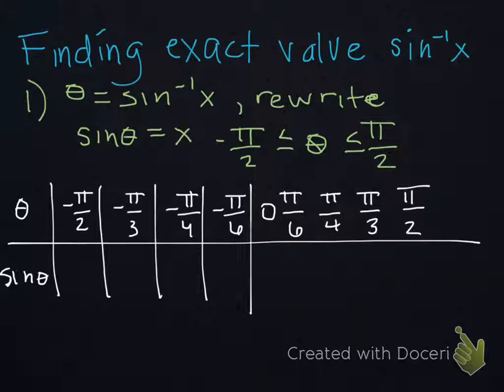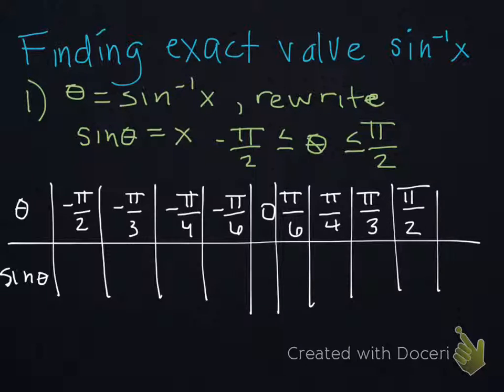So we're going to think about our coordinates here and figure out how we would find sine. Let's start at the positive end, since that's something we understand a little better. We know for pi over 2 the coordinate is 0, 1, so sine of pi over 2 is 1. So if I ever want to know what the inverse of sine of 1 is, the answer would be pi over 2.